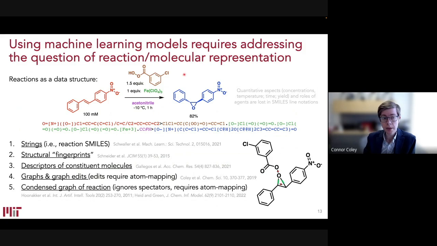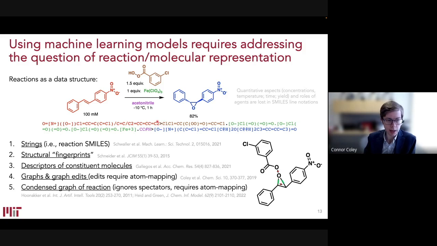Now, this information can be captured in a number of different ways. So typically, we'll lose the quantitative aspects, just say that up front. And to write this as a string, we can do a depth-first traversal of these different graph structures and encode it in this linearized and tokenized pattern. So we have the red reactant characters.